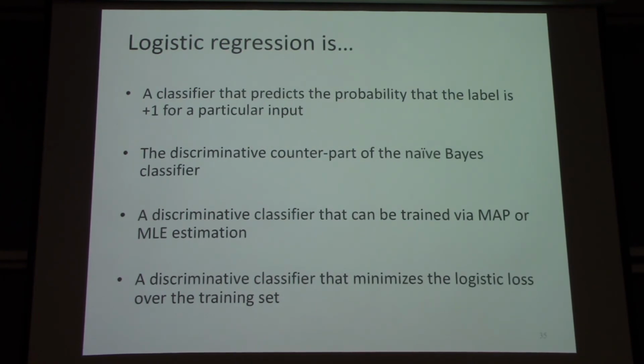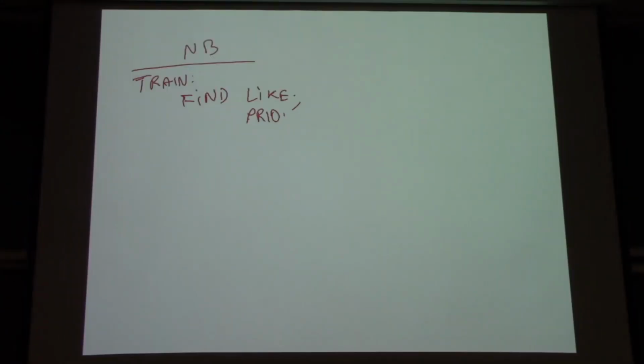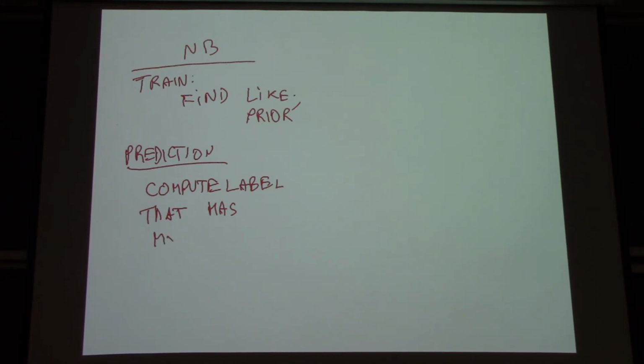So I can look at it this way: in naive Bayes, for training, find the likelihood and prior. For prediction, compute the label that has the maximum of this quantity, P of y given x.